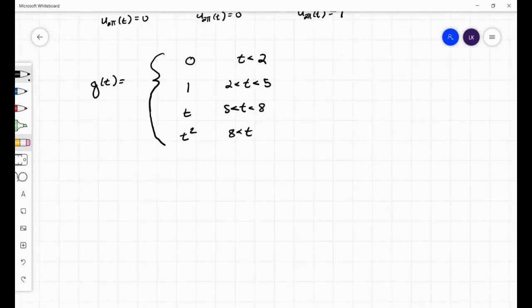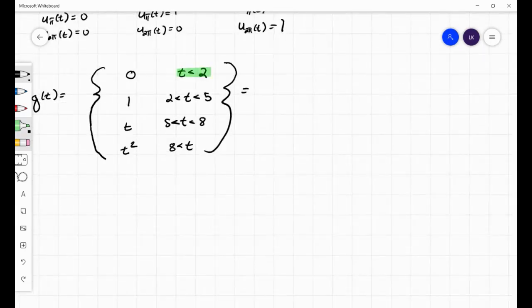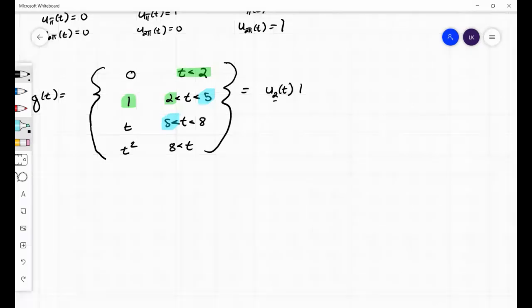So I can write this as a single expression by saying, well, we have 0 before this time, but at time equals 2, we have to turn on the 1, if you will. So we're going to take that piece and multiply it by the step function which turns on at 2. Now at time equals 5, we transition over to the next piece.